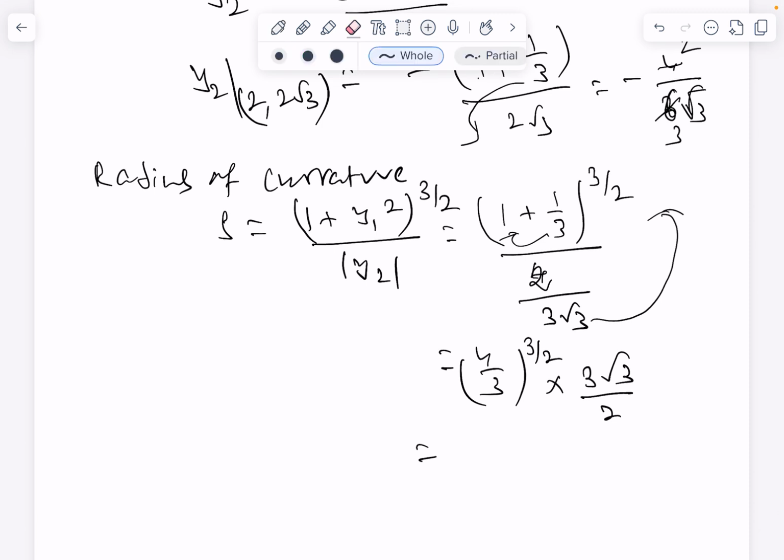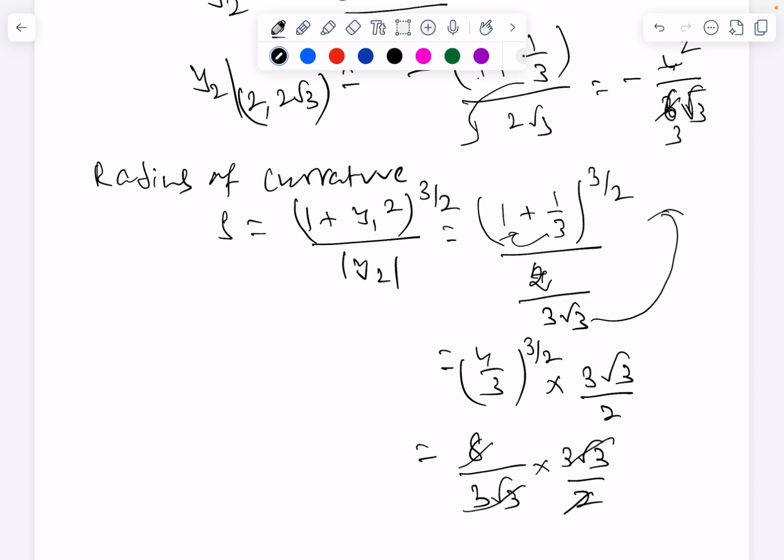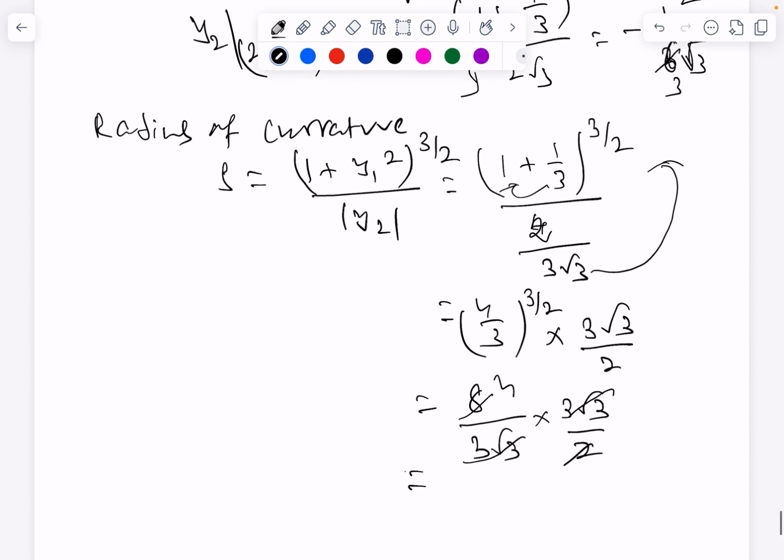So 4 power 3 by 2 is 8, and 3 power 3 by 2 is 3 root 3. So these two cancel, and 4. So the answer is 4.